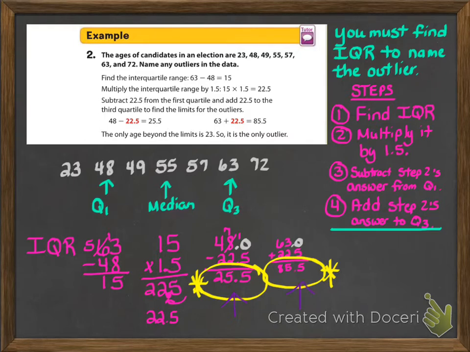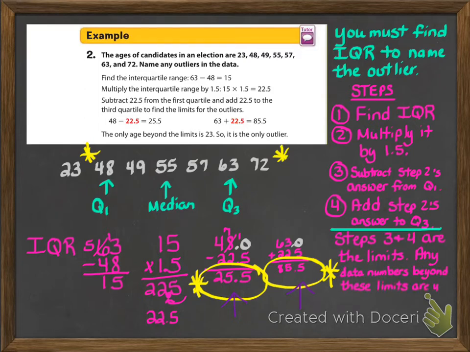That means in order for it to be an outlier, it cannot fall between these 2 numbers that I have circled. So now I went ahead, and here I'm writing more steps down for you to copy. Steps 3 and 4 are the limits. Okay, so 25.5 is our bottom limit, 85.5 is our top limit. Any data numbers beyond these limits, that means on the outside of those limits, are your outliers.